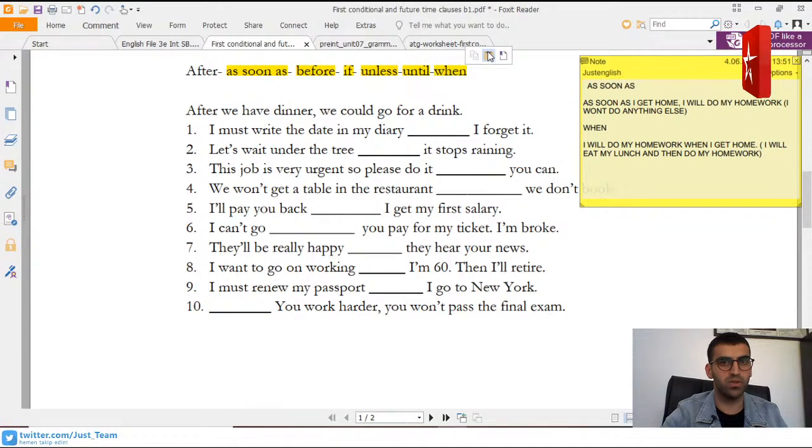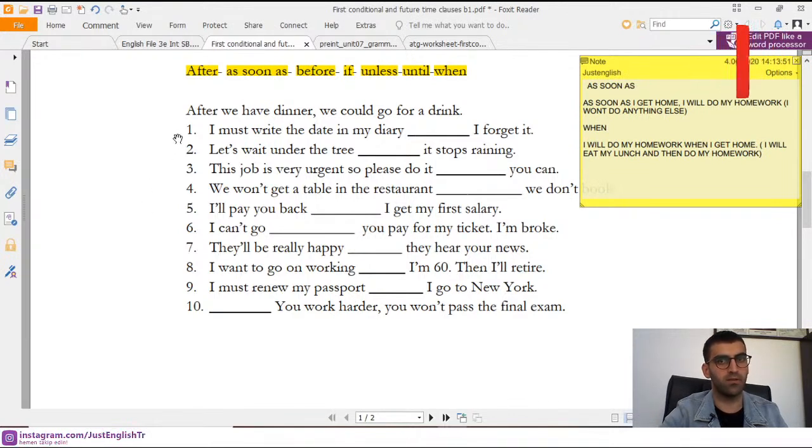Okay, we have to use one of them. I forgot after. Yes, we have to use one of them for each sentence, from 1 to 10.